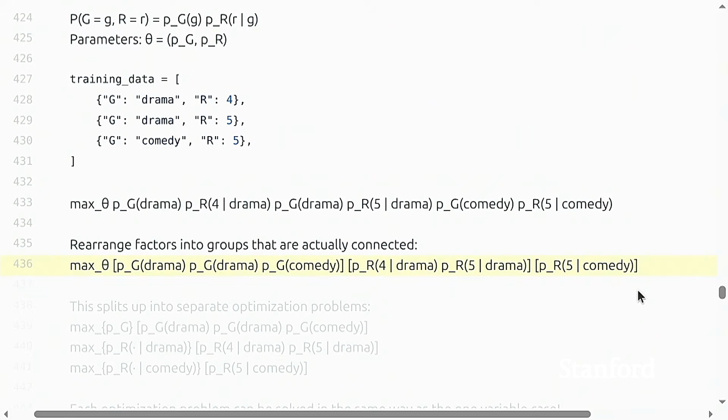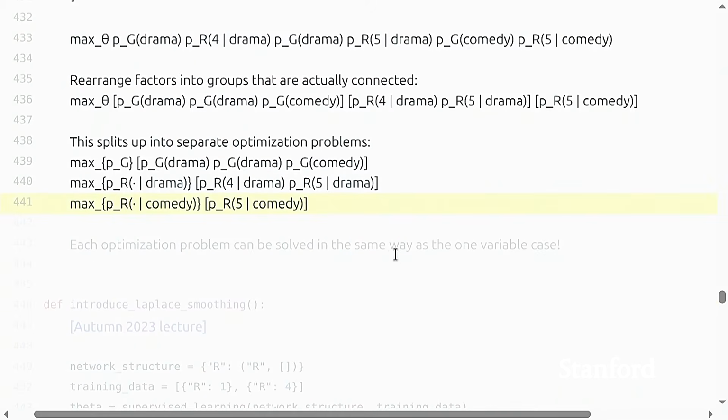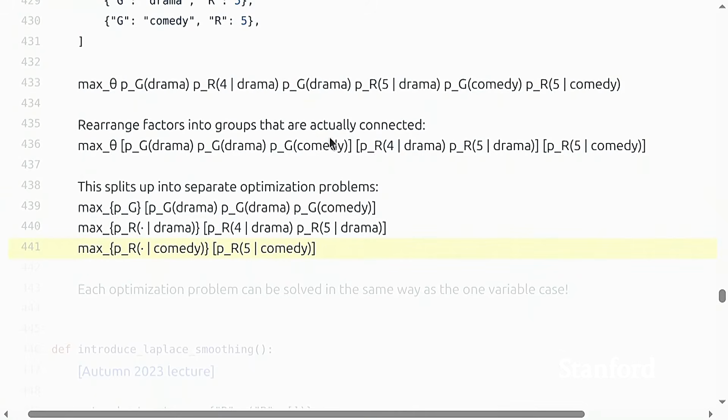You now notice that each of these is an independent optimization problem, because the probability of comedy can be varied independently of the probability of 5 given drama. So this gives you 3 separate optimization problems, one for each group.